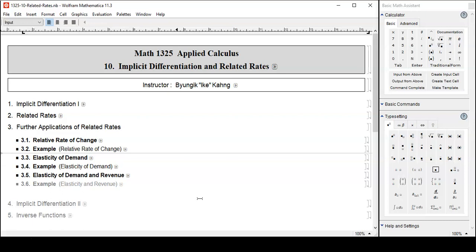If you're not majoring in any of those, but you still take interest in application of calculus in models that are represented and measured and calculated in monetary units, such as dollars or any other currency, in that case, you're welcome to stay and pay attention. You may find this topic interesting.